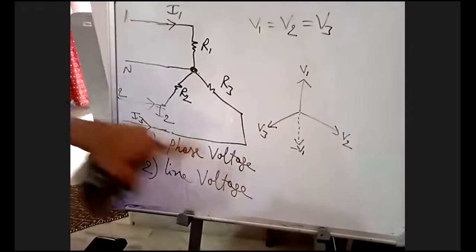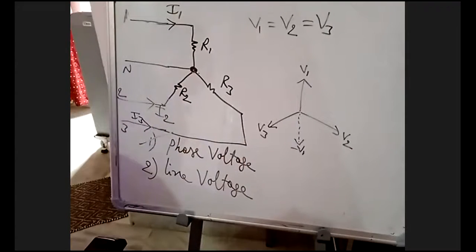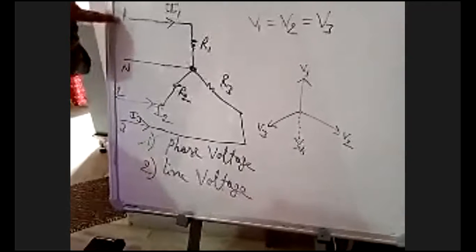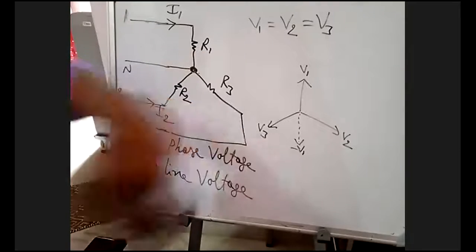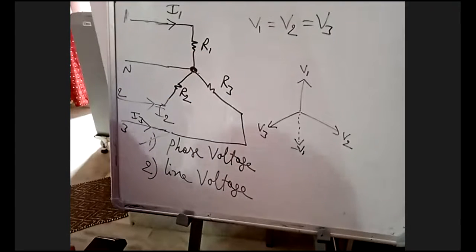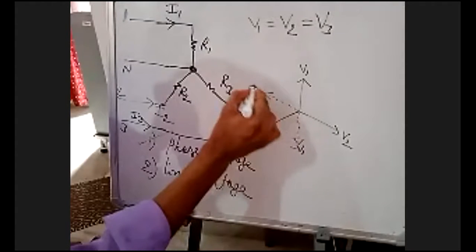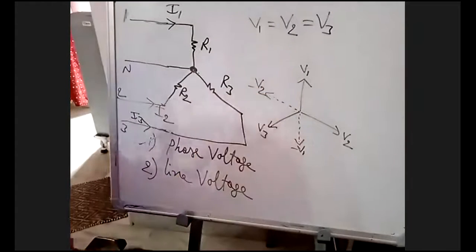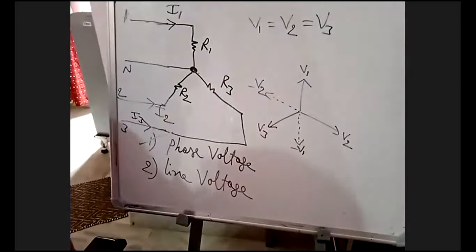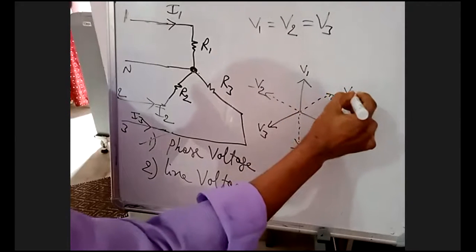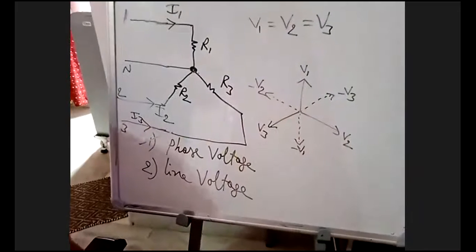Minus V1 means current flows from neutral to phase 1. I am taking the reflections. For V2, I am taking the reflection here. This is minus V2. For V3, the reflection is minus V3.